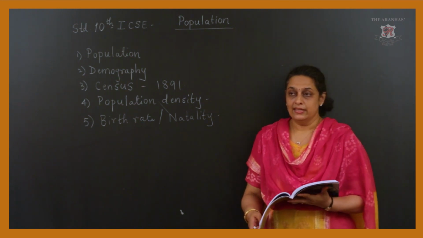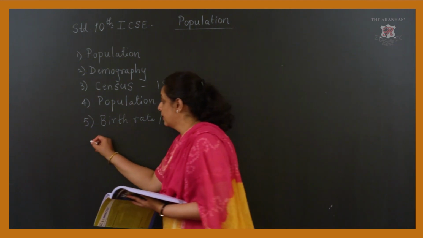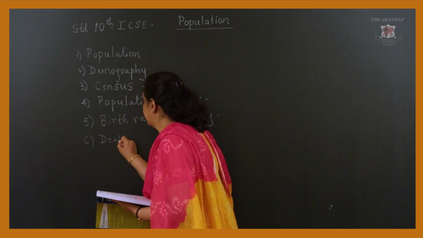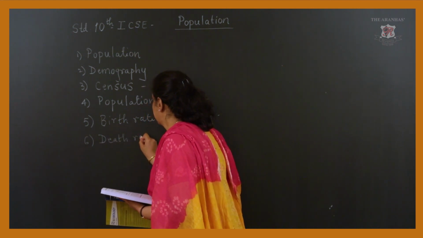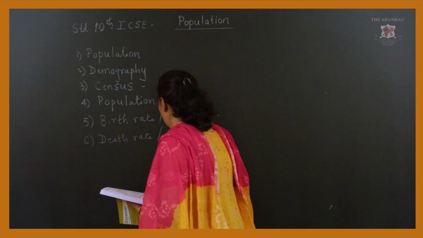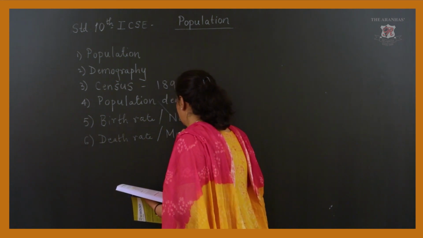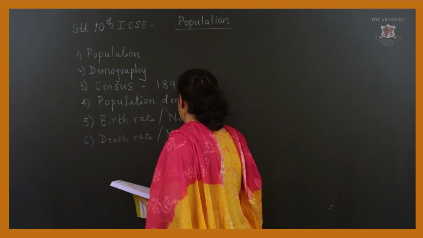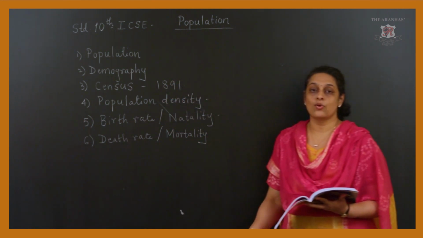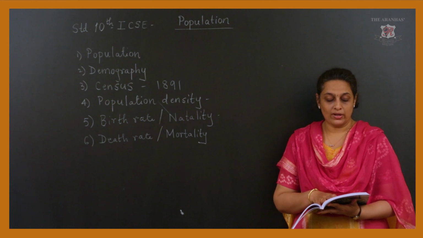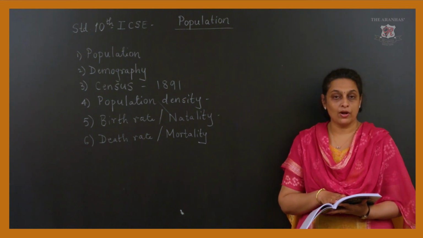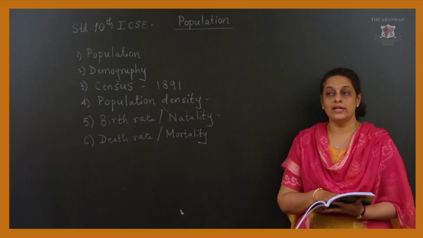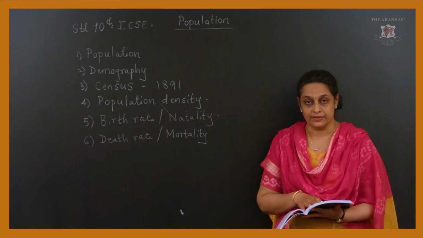On the same line, death rate or mortality is also calculated. Now mortality means the number of deaths per 1000 individuals in a year.